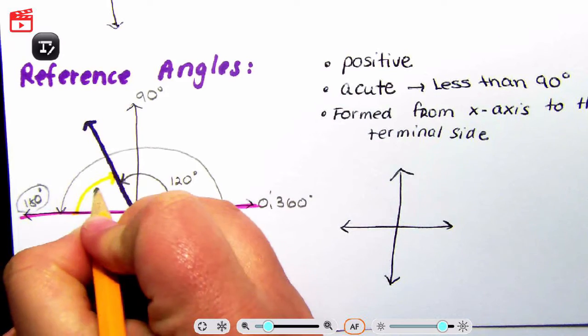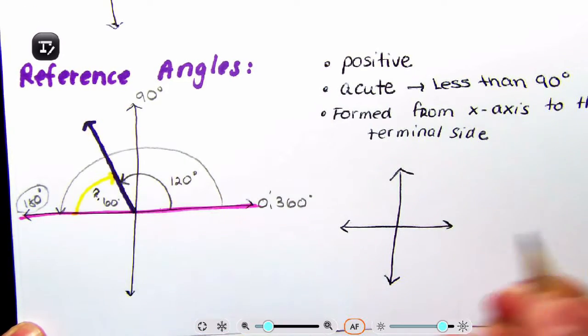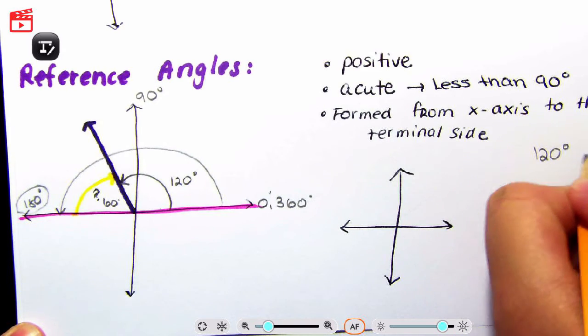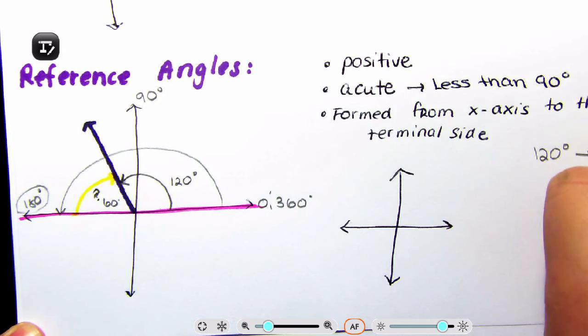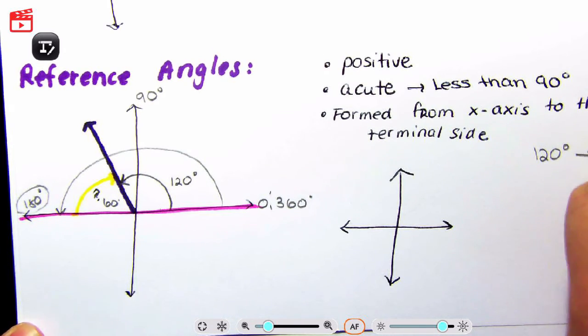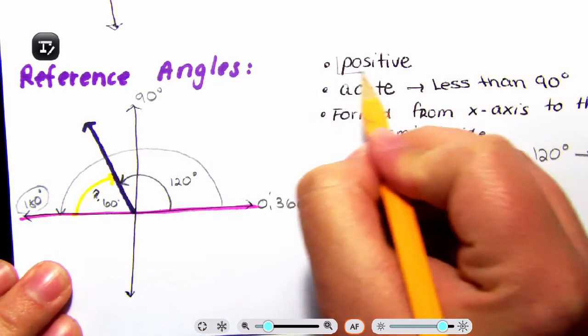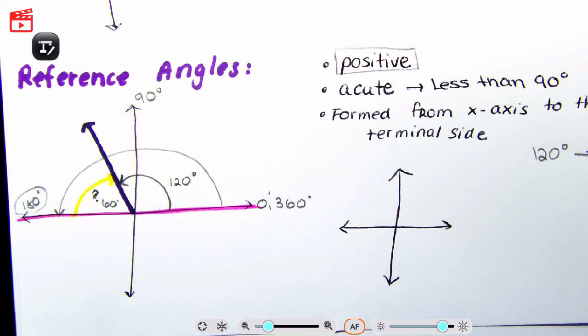The distance here is 60. So the reference angle for 120 degrees is 60 degrees. It doesn't matter that you're going clockwise, because it is always positive, always less than 90, always formed from the x-axis to the terminal ray.